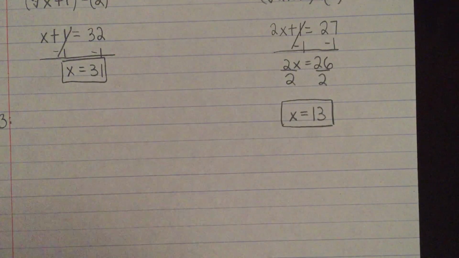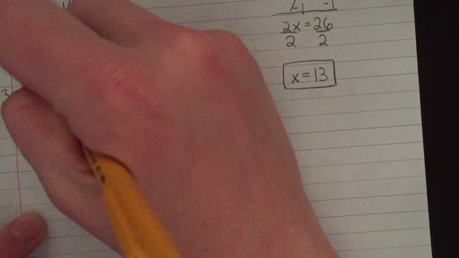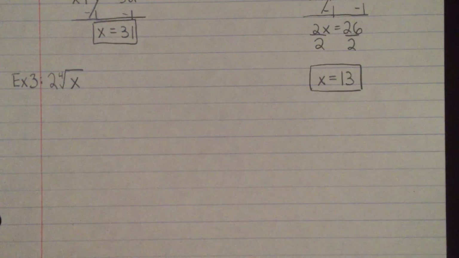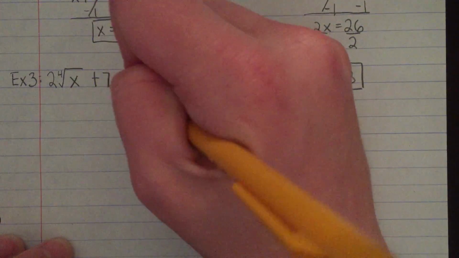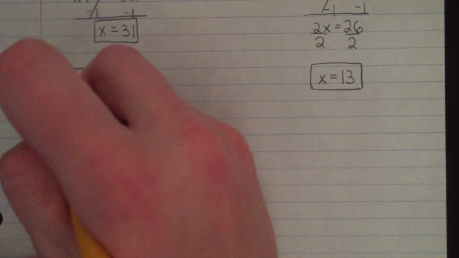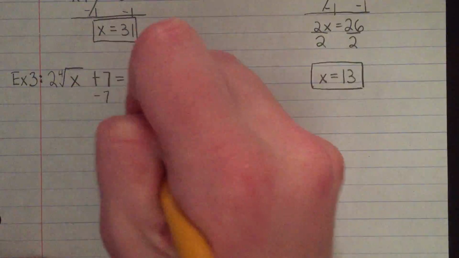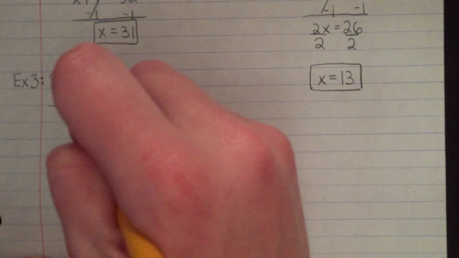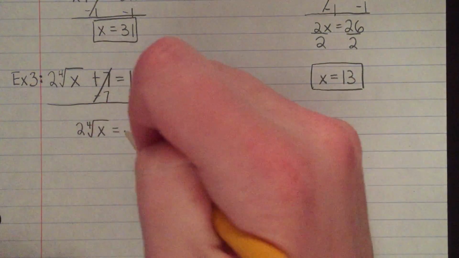So example 3 is 2 fourth root x, and then plus 7 equals 13. Okay, so on this one, to get the radical by itself, you need to subtract 7 from both sides first. So you have 2 fourth root x equals, that would be 6.